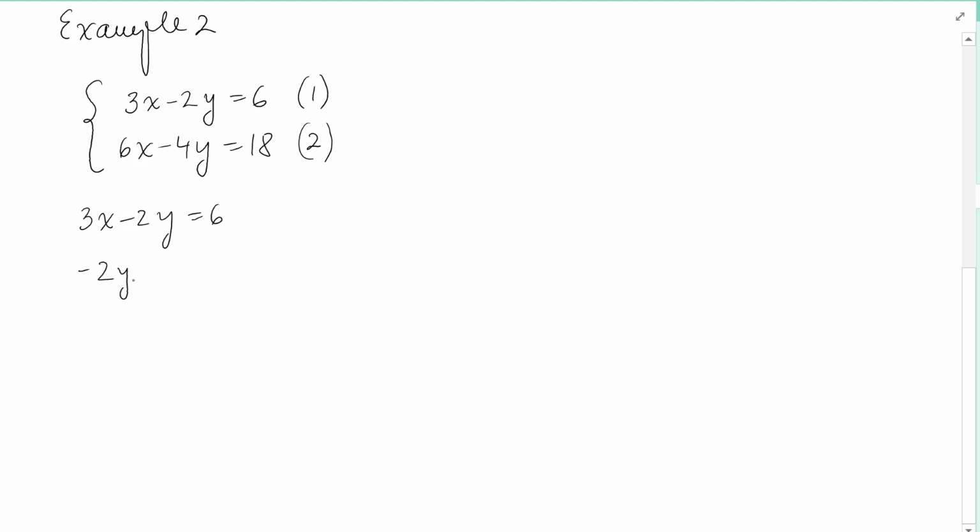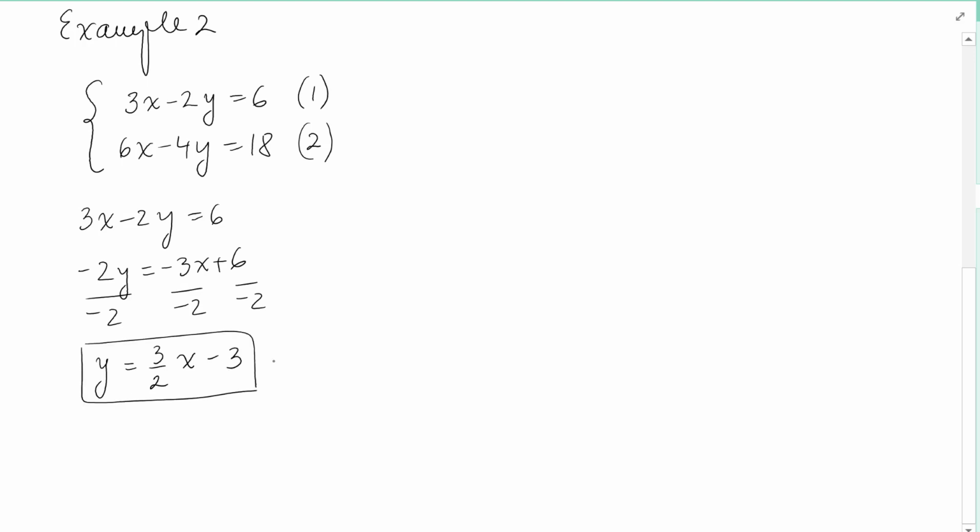So negative 2y equals negative 3x plus 6, divide by negative 2, and we get y equals 3 over 2 x minus 3. And this is the first equation that I'm going to use, this slope-intercept form, to graph it. Of course, you can use given points or intercepts if you want to graph it as well.